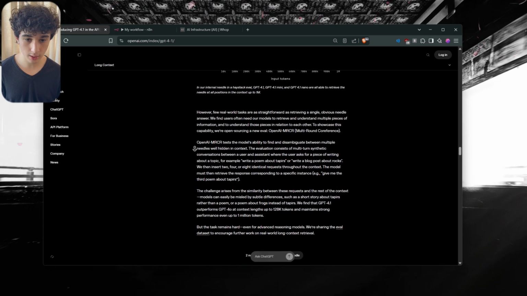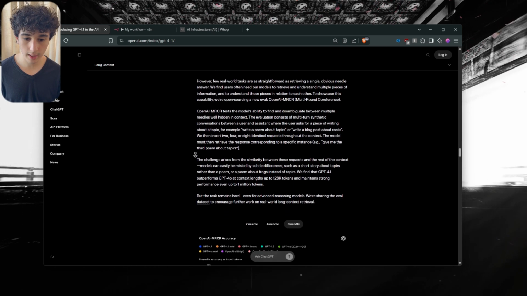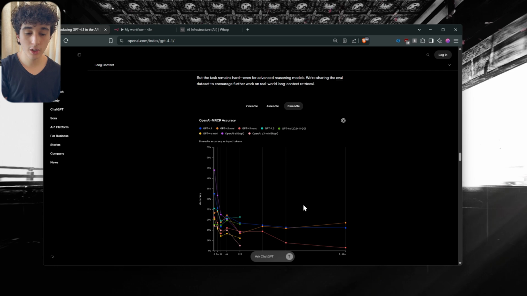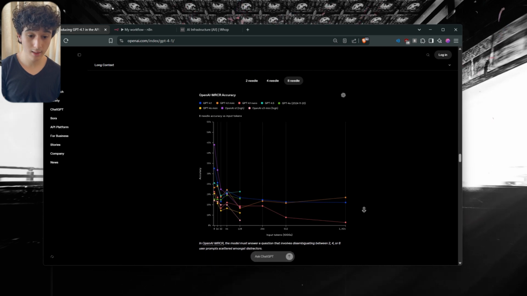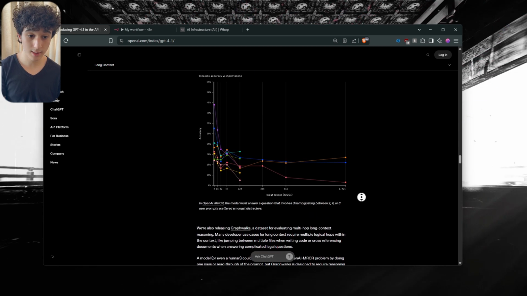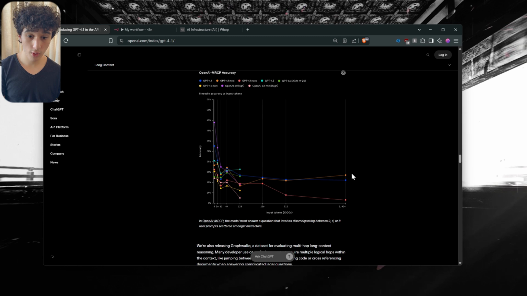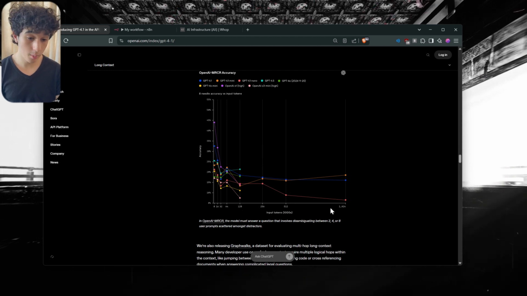And here they just explain more and expand on it. And this chart just represents, again, the large context window that this LLM has, or these groups of models have, as you guys can see. Before, all the previous models were stuck at 128,000 tokens, but now we're on a million.